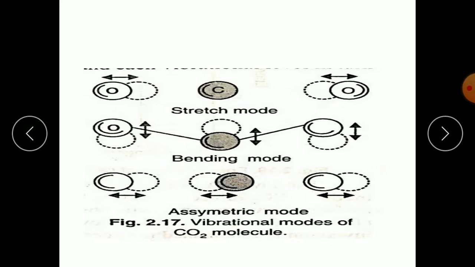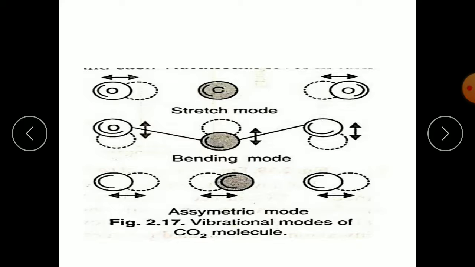There is another mode of vibration in which this carbon atom vibrates like this, and both the oxygen atoms vibrate like this. So this mode of vibration is known as the bending mode.